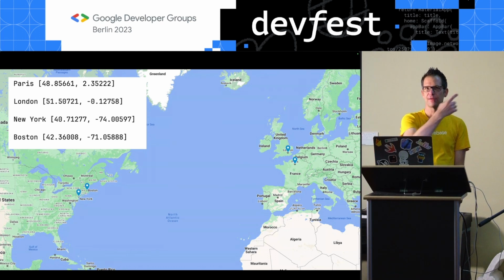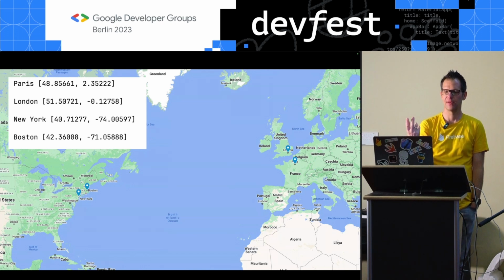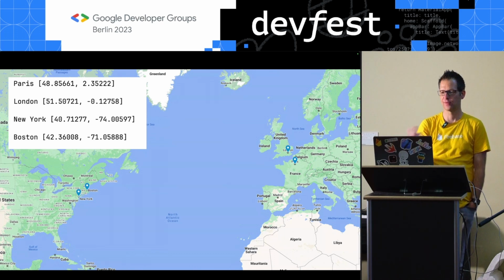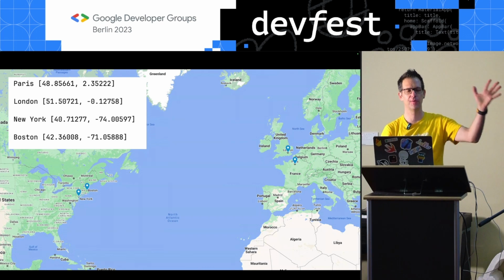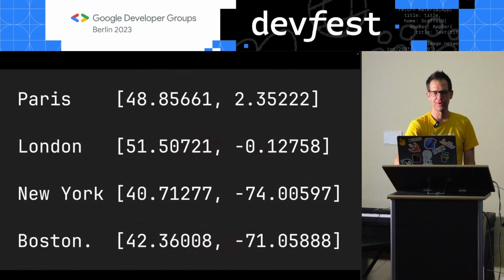If you look at the coordinates for Paris and London, for example, you can see that those numbers are pretty close. And you can also see that the numbers for Paris and New York are a lot more different. So you can tell that they are further away. And for a computer, it's even easier because you can use math to tell how far away or how close they are.